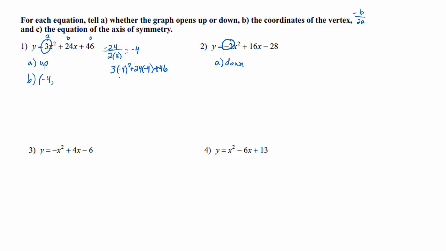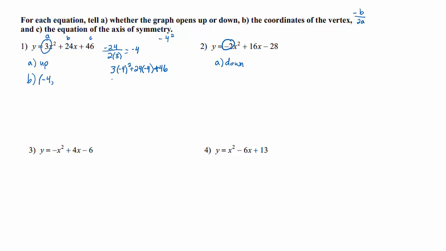If I did not have parentheses and just had a negative and a 4 and then a squared, that would mean square the 4 and make it negative. So we want to make sure that all of this negative 4 is being squared, because we're plugging negative 4 into x, which is being squared.